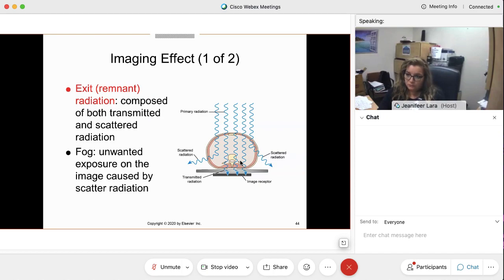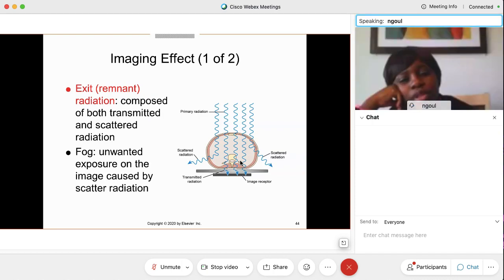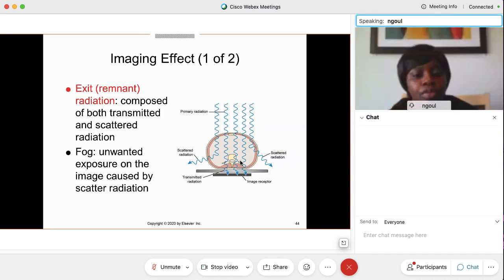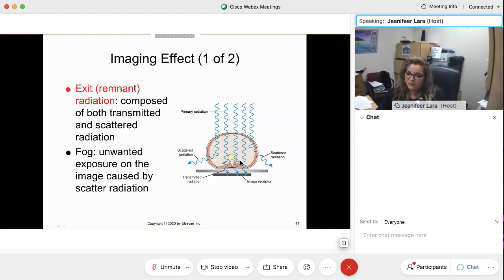It's composed of scattering and transmission. Good. And what are the three things that we need for differential absorption? We need scattering, transmission, and absorption. Beautiful. So absorption can't be a part of the remnant radiation because it got lost. It got absorbed in here.